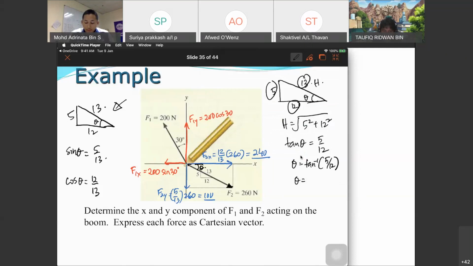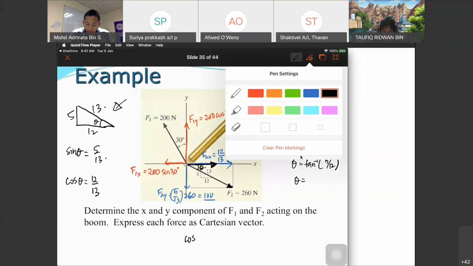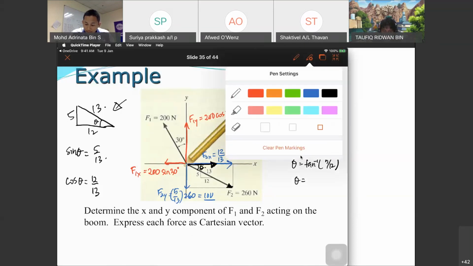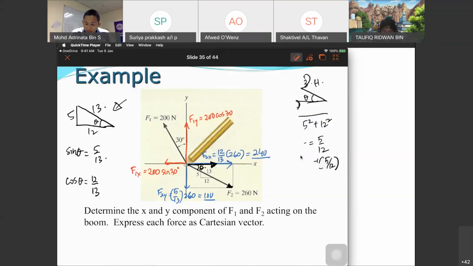So for x direction, when theta, you need to use cos, isn't it? So for x direction, I padam yang ni, senang sikit nak tulis. So we have our 5, 12, 13, and we have our theta.